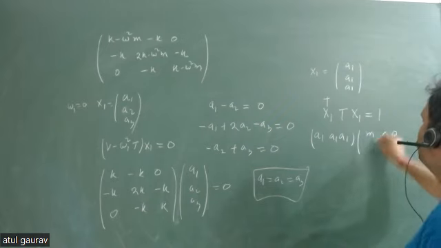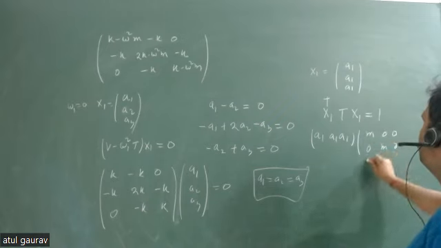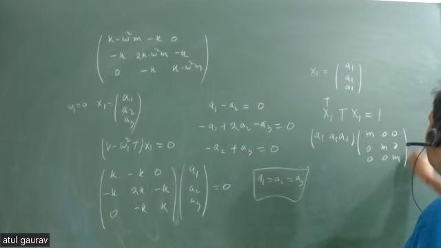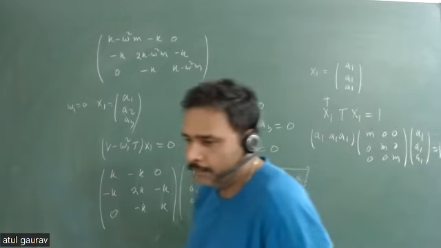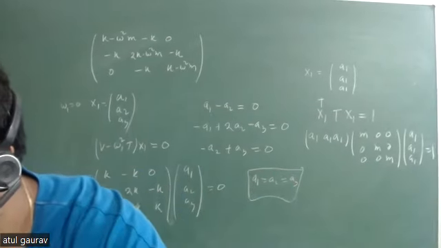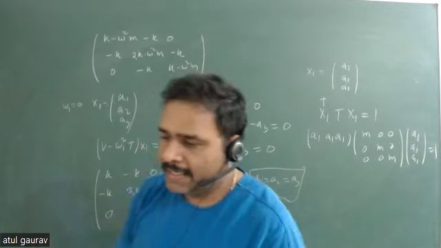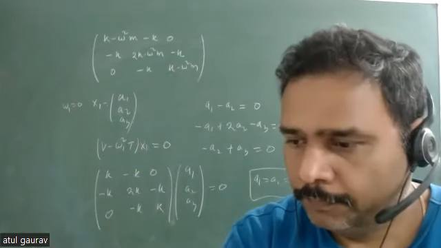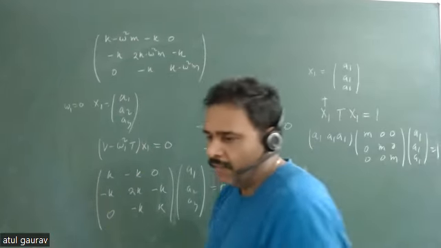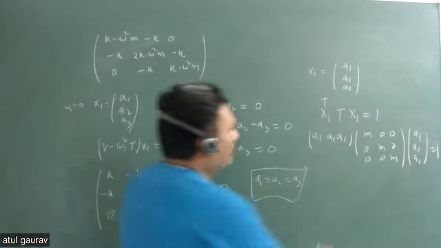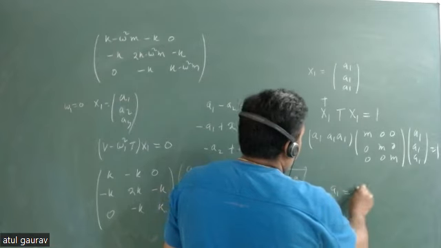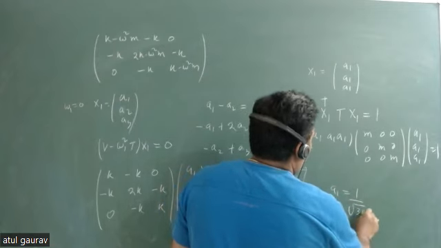M, 0, 0; 0, M, 0; 0, 0, M. You have A1, A1, A1 must be equal to 1. Yes? Everyone is comfortable? So we have to solve this equation. So when you will solve this one, then A1 is equal to 1 upon root 3m.